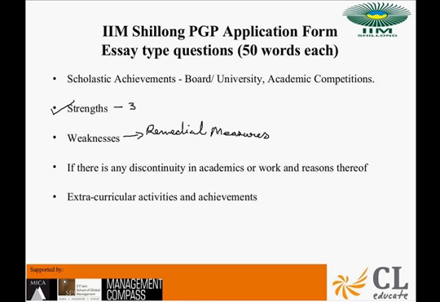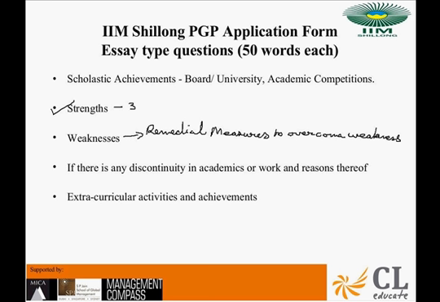Remedial measures to overcome weakness. That is also very, very important, right? So always go like this, because knowing your weaknesses, that you have an awareness, but what are you going to do to overcome it is a very important thing. It shows your proactivity. So that is also something which is very, very important.